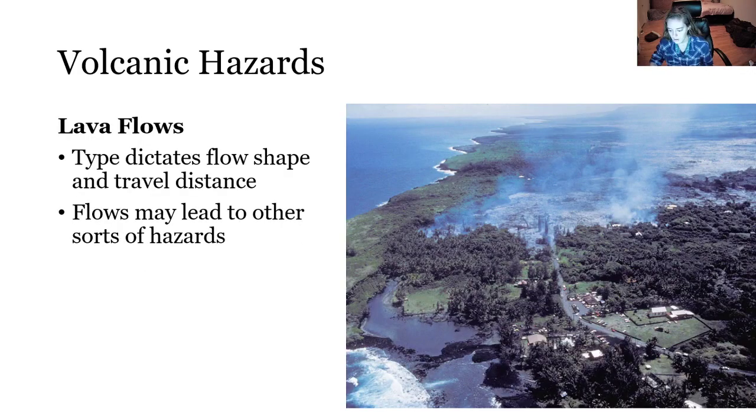So then our next hazard is lava flows. So lava flows aren't a huge deal, mostly because they travel so slowly. The type of lava that is erupting from the volcano will dictate the flow shape and the travel distance of the lava flow.